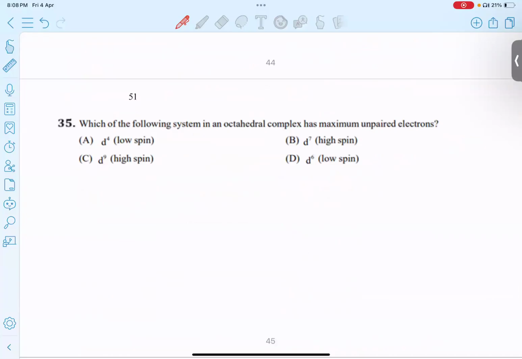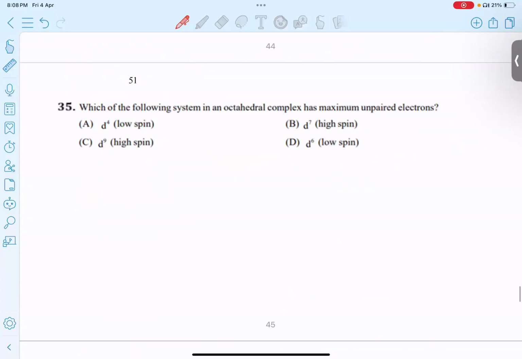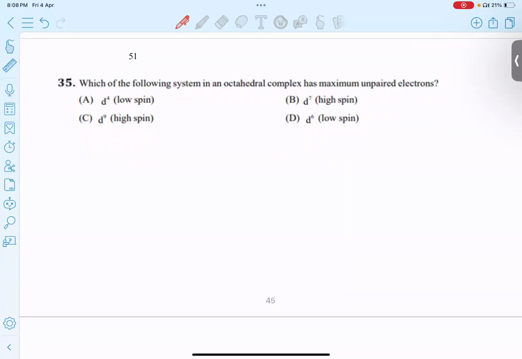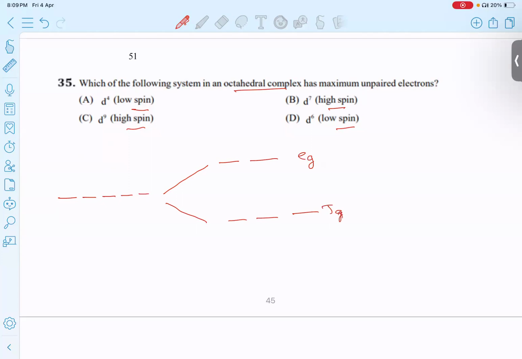Next, which of the following systems in an octahedral complex has maximum unpaired electrons? Here octahedral complexes are given, and the options are given as low spin, high spin, high spin, low spin, high spin, low spin. So we have to apply crystal field theory to solve these questions. According to crystal field theory, the d orbitals split into 2 sets, the t2g set and the eg set. This is the eg set, this is the t2g set.